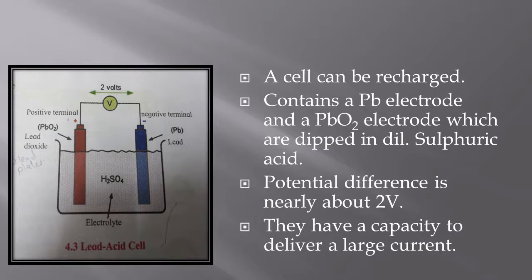The lead acid cell contains a lead electrode and a lead dioxide electrode, and both are dipped in dilute sulfuric acid. You can see a blue colored lead electrode and a red colored lead dioxide electrode, and these two electrodes are dipped into the solution. What is the work of the electrode?